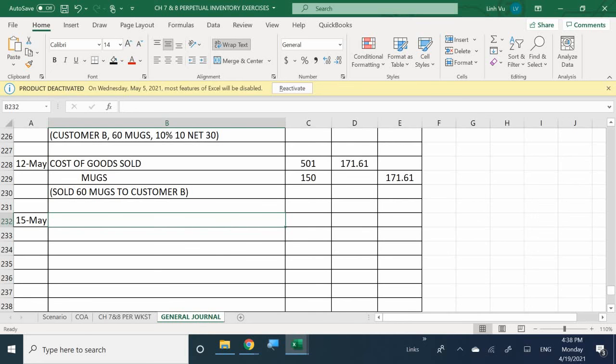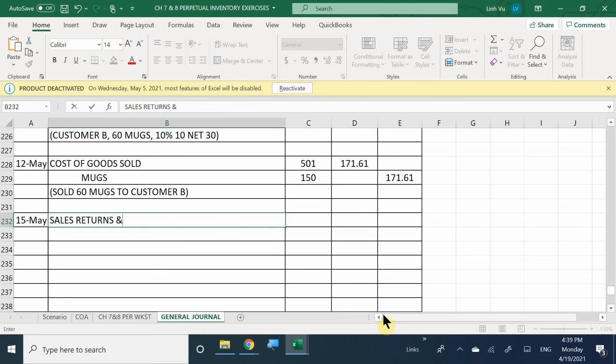If sales is usually a credit account, how should sales returns and allowances act? Opposite. Opposite. So, the act of a sales return and allowance decreases sales, therefore you need to have it flow in the opposite direction.